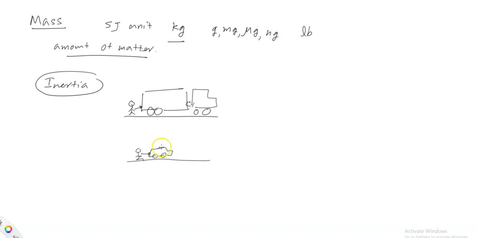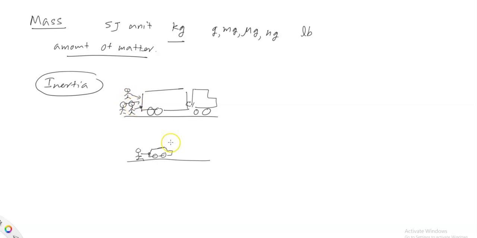Okay, so comparing these two, this semi truck is really difficult to move. It has a lot of mass. The mass gives inertia, so you do need to apply a lot more force. A bunch of people come together and they're going to push this thing.